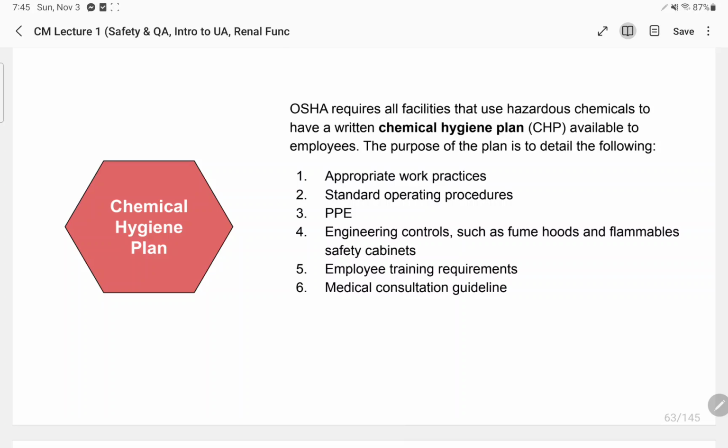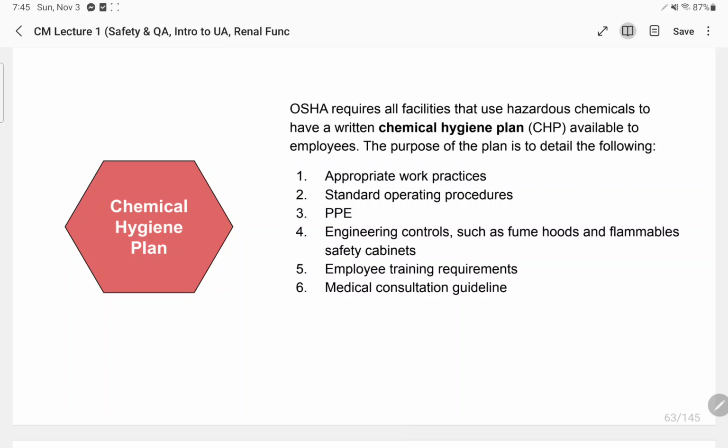Parang ato ang work practices when we handle this chemical kay sakto. There should be SOPs. Okay, we have standard operating procedures, the right and complete PPEs nato dapat isuot nato. Engineering controls, especially dapat the presence of fume hoods and flammable safety cabinets. Asa man ipang store kung mag-handle ta, asa man nato i-handle.